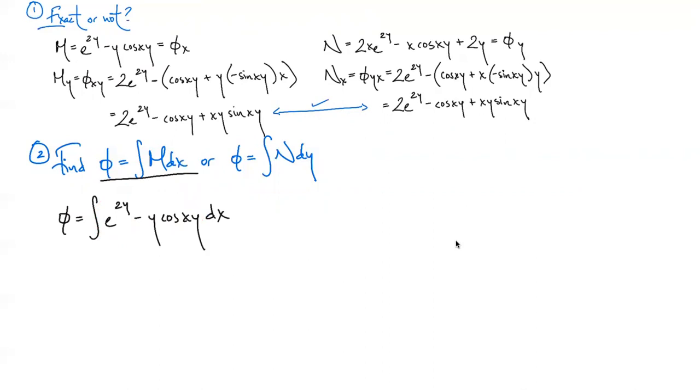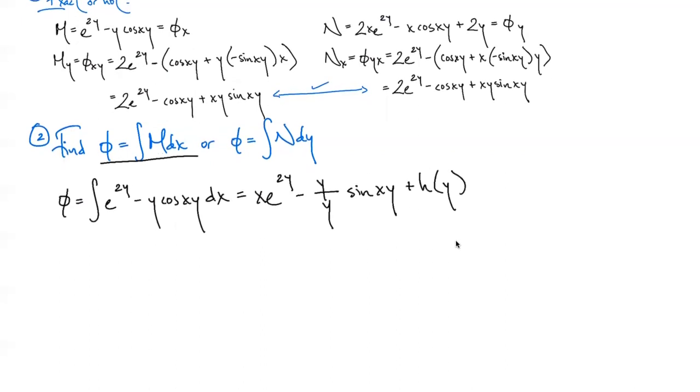And so when I integrate, I obtain x e to the 2y, and then minus y over, let's see, the integral of cosine is sine of xy, but I need to do a little mini u-sub where u is really xy, and so I'll end up dividing by a y here. And because I'm taking the integral with respect to x, if I had any functions with respect to y, those all went to 0.